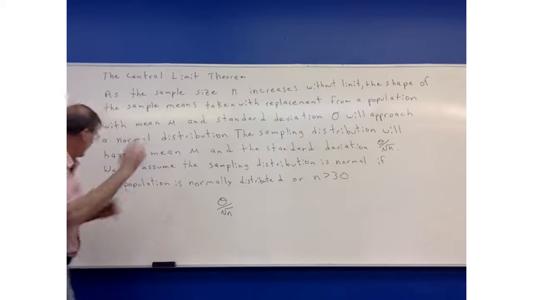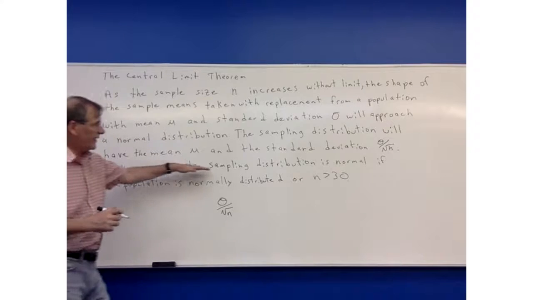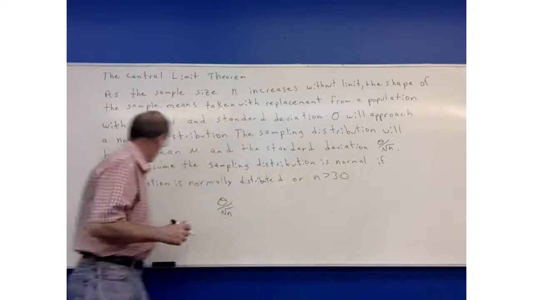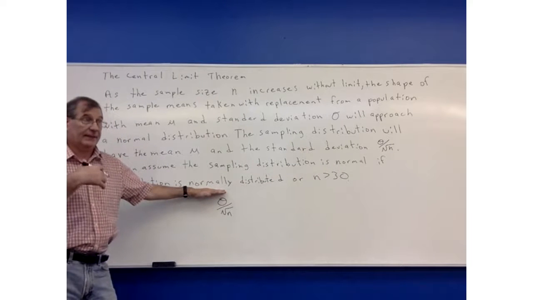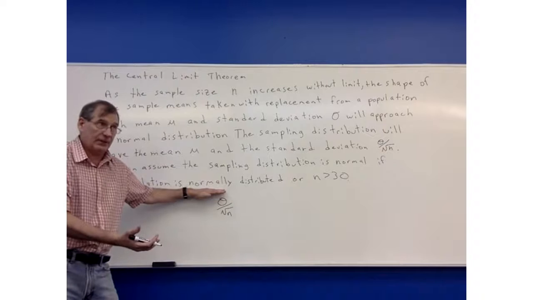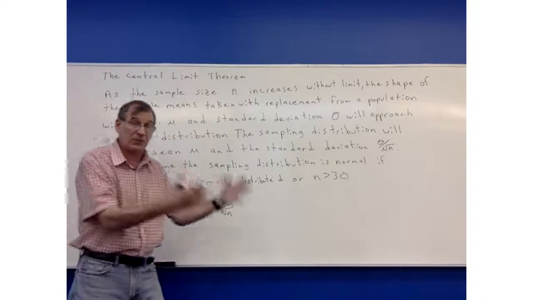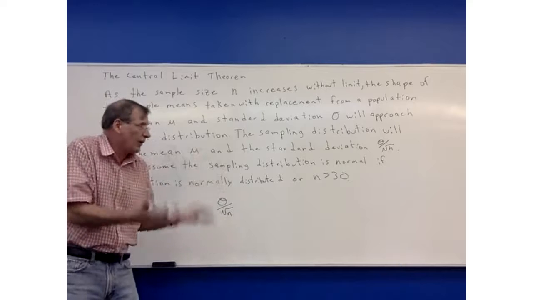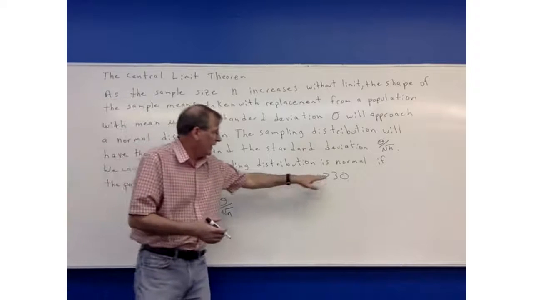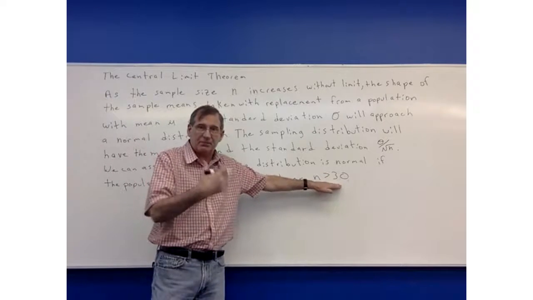In addition, we can assume the sampling distribution is normal if the population is normal. What the central limit theorem does is it takes something and makes it normal. But if something's already normal, it won't get more normal. It's already normal. Or n is bigger than 30. N is big enough, like I said earlier.